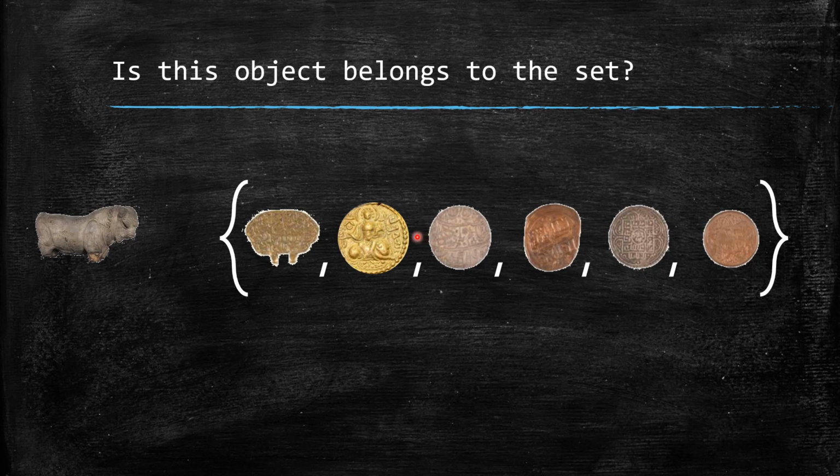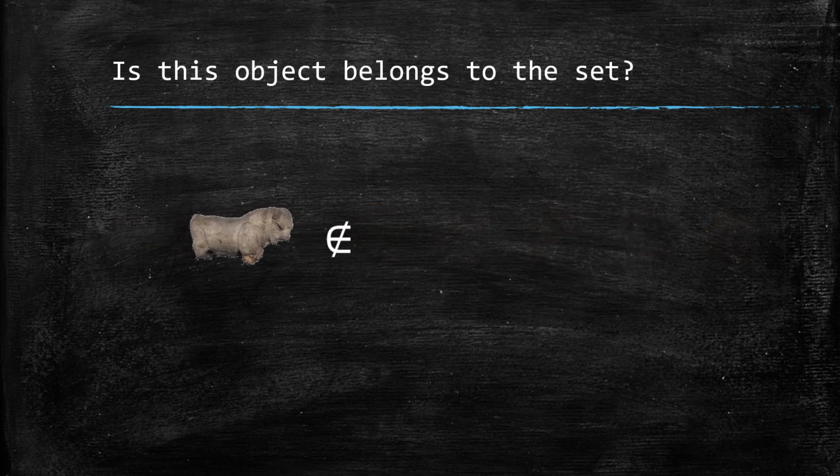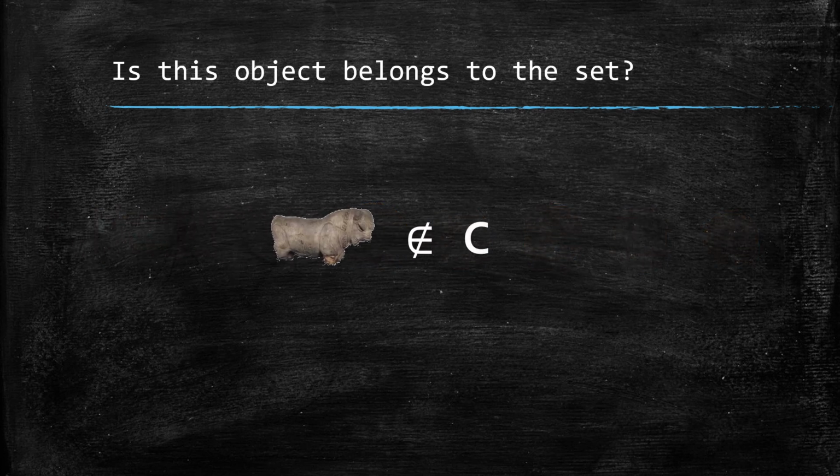So I will say this object does not belong to the set C, and there is a symbol for does not belong to, like this, and this symbol denotes does not belong to. So instead of writing all the elements, we can write the name of the set. Here the name of the set is C.